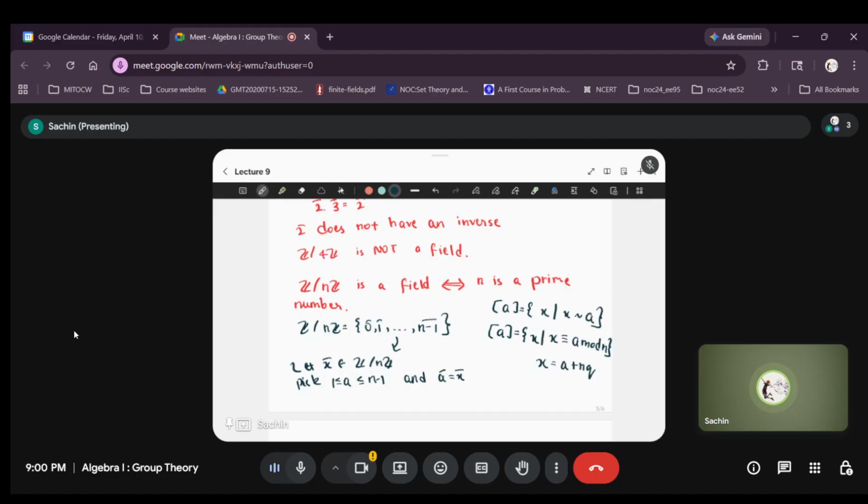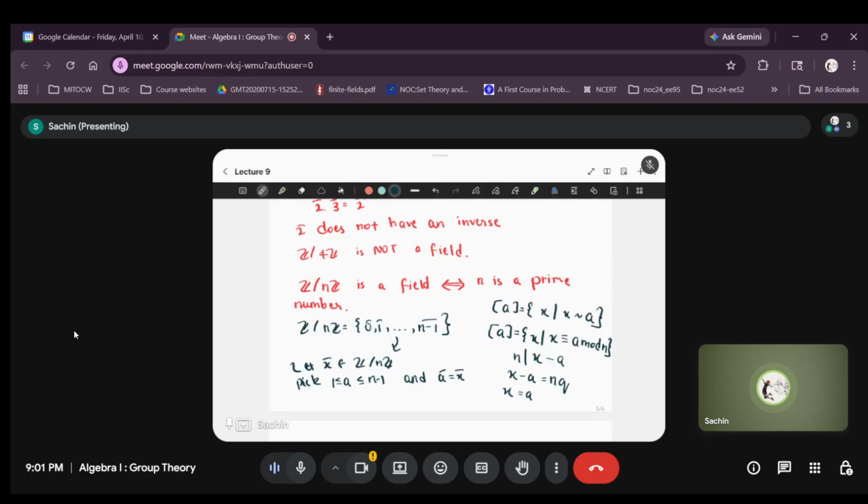So X was congruent to A mod N if and only if N divides X minus A. That is how we defined it. So N divides X minus A implies X minus A is N times Q for some integer Q. That's what we meant by the definition of division.